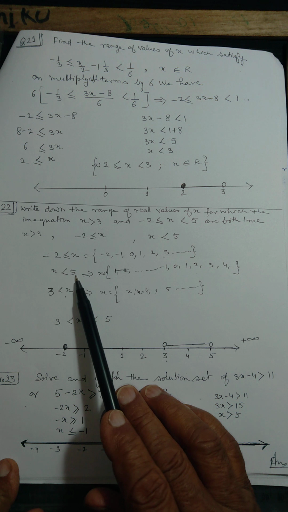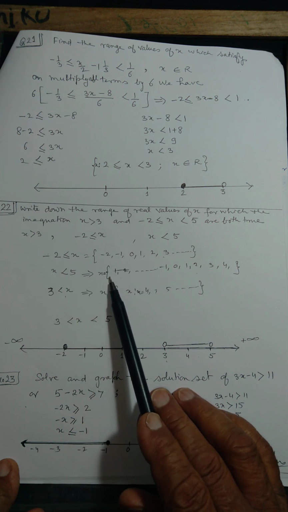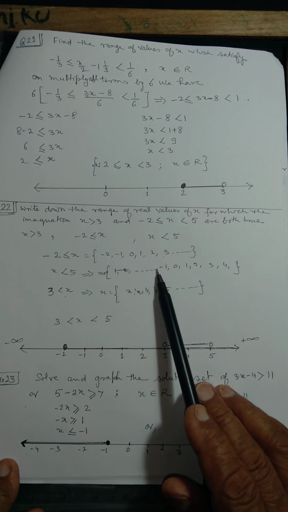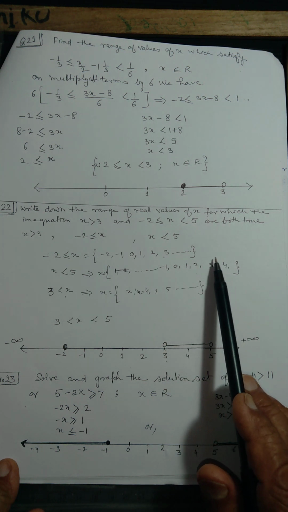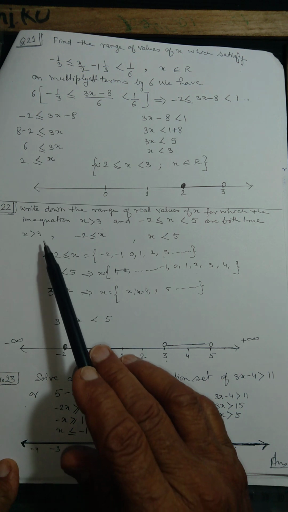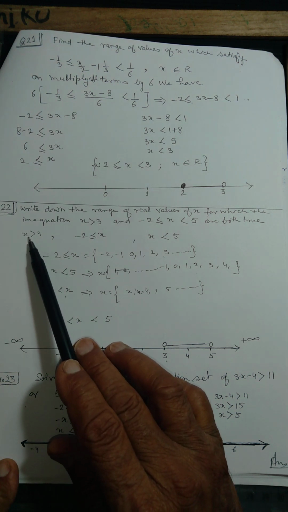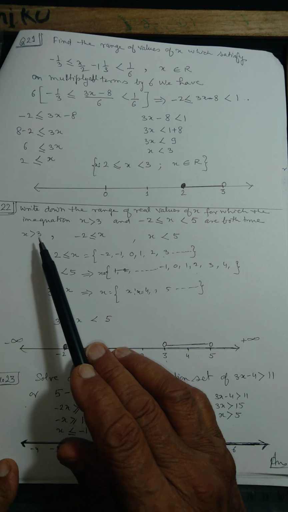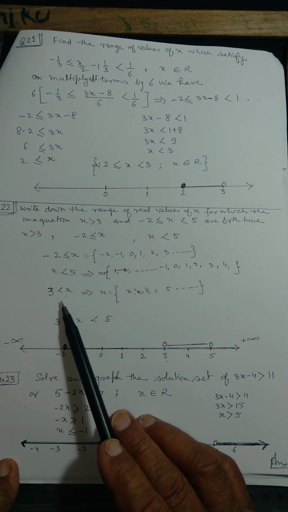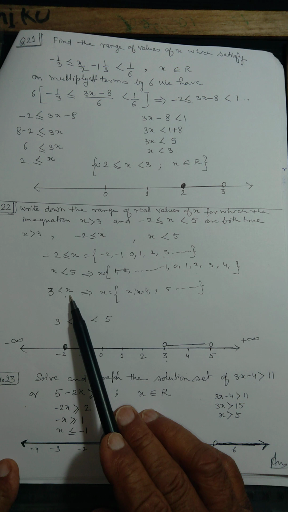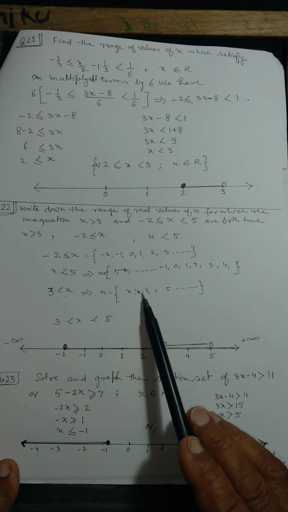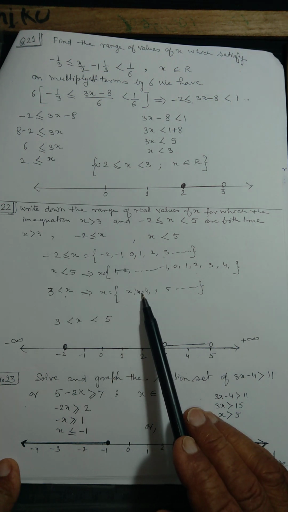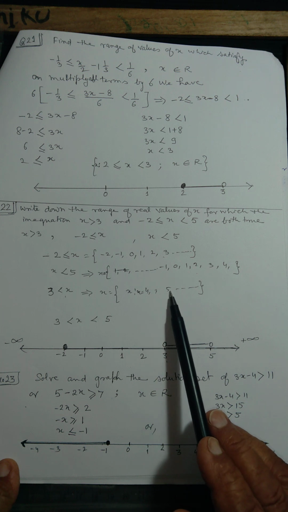For this the solution set will be dash dash dash minus 1, 0, 1, 2, 3, 4. Now x is greater than 3, so we can say that 3 is less than x. The solution set for this will be 4, 5 and so on.